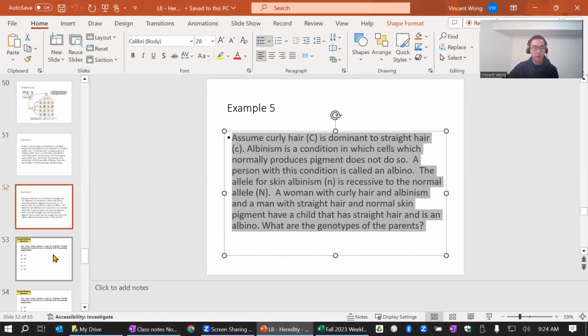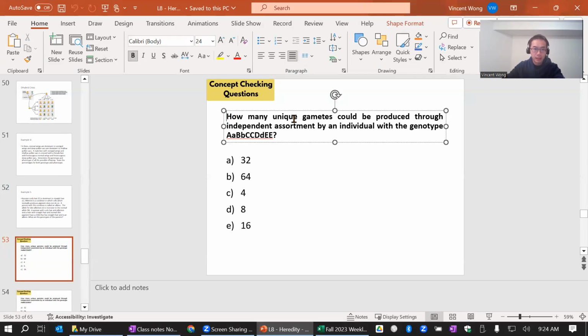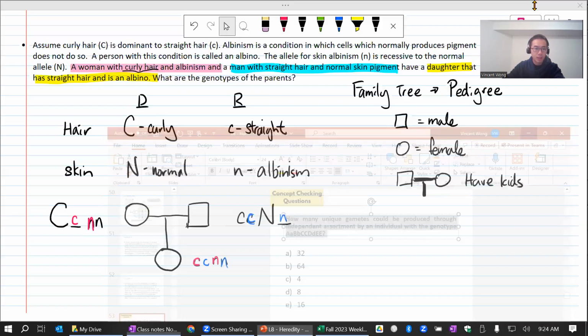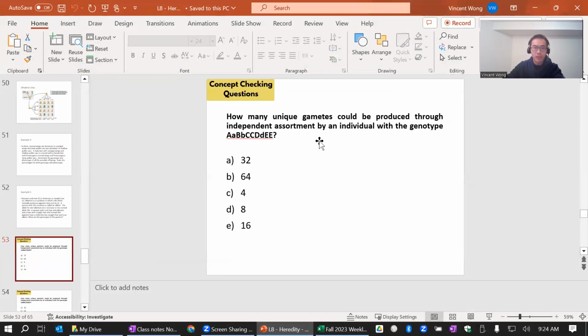All right, there are a couple of questions here that I want to go through with you in the concept check. Wait, did I miss a question? Nope, I did not. So here's a concept check question.